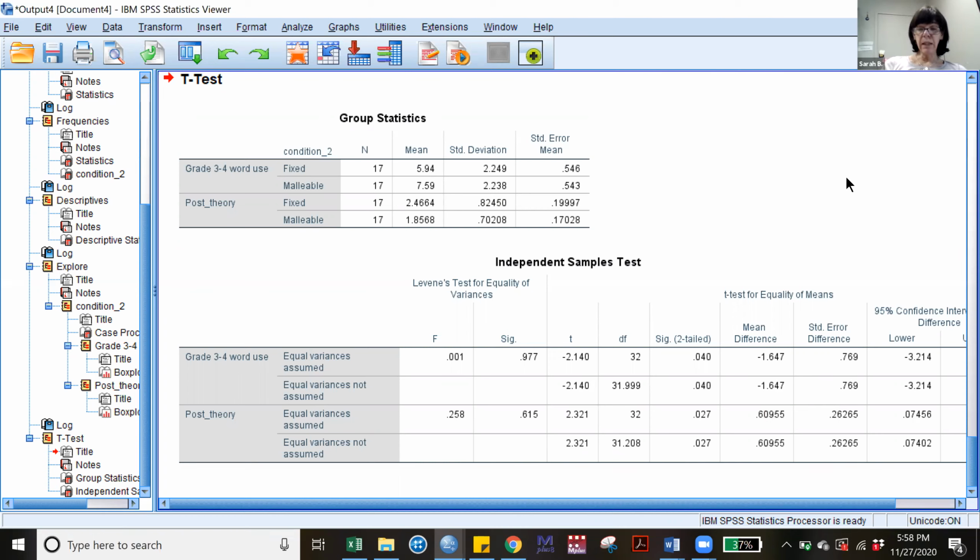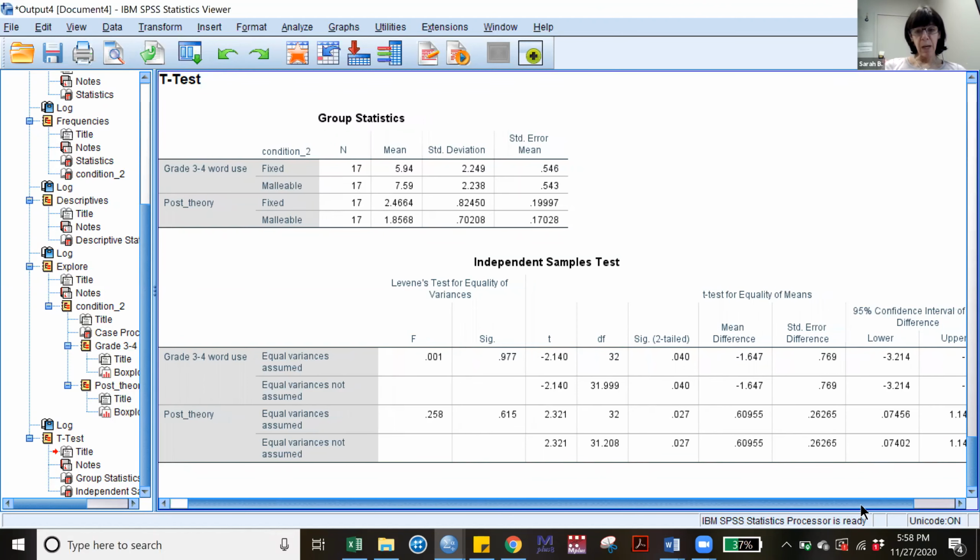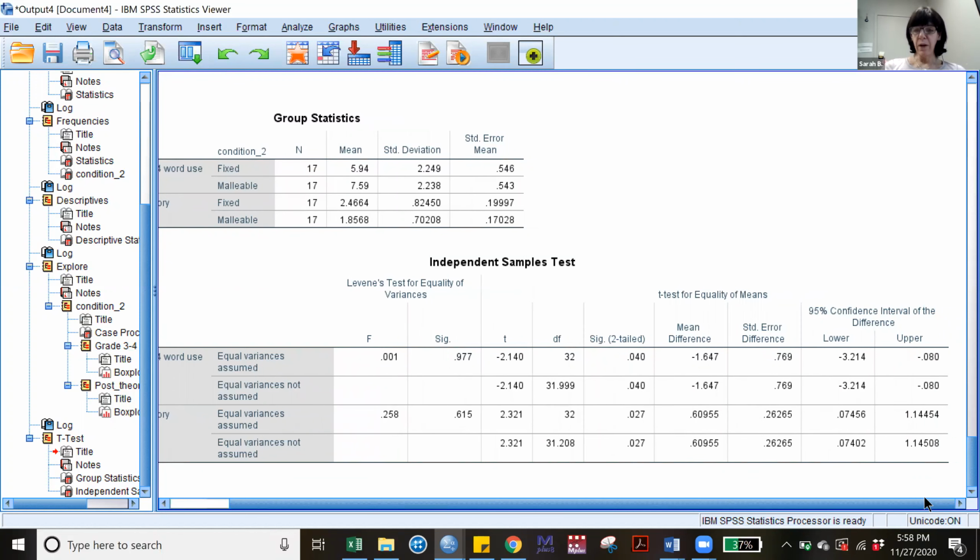You could hand calculate these things to test the values using the formulas you've had in class. And the significance, and remember we had a two-tailed significance alpha level, which matches the SPSS output, is 0.04. So you reject the null hypothesis when your alpha is 0.05, and you can see that the confidence interval does not include the value of 0, the null hypothesis of no difference between the groups.